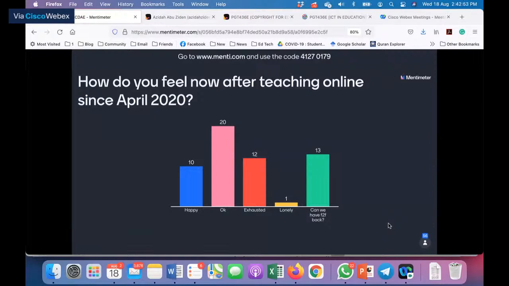Okay, so we can see here, we have 56. So we can see that 25 exhausted plus the ones who asked to have face-to-face back, so 27 plus lonely, and we have 30. So it is mostly half-half.